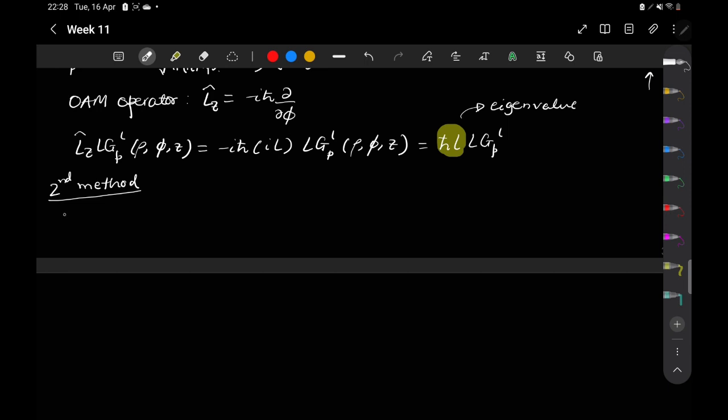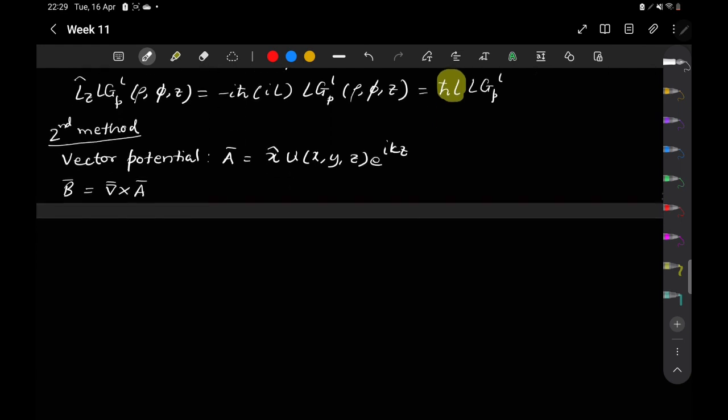Now in the second method, we will make use of vector potentials. We will take this particular form of vector potential, and magnetic field is curl of vector potential.